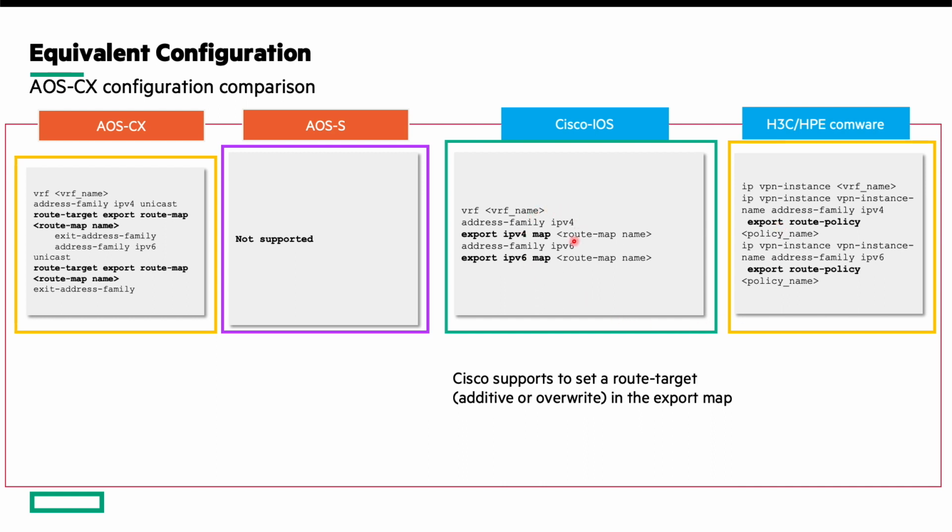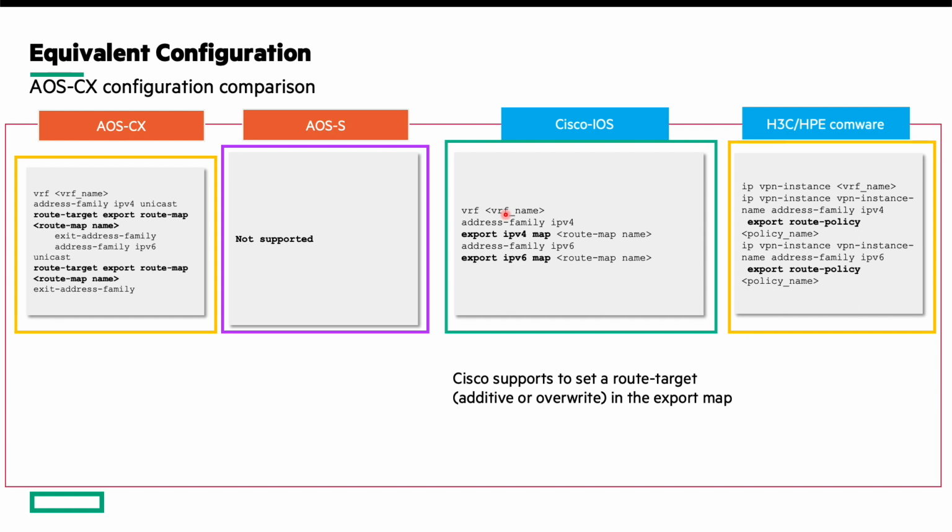Cisco IOS, also the feature is available through the command export IPv4 map, except that here the implementation is a bit different. If you apply this route map, it's going to replace what has been configured at the VRF level as the export route target.